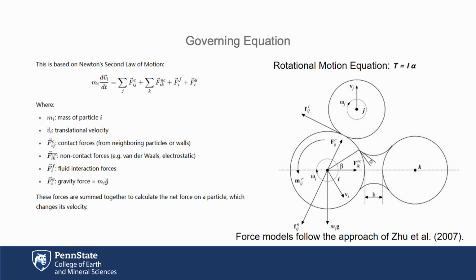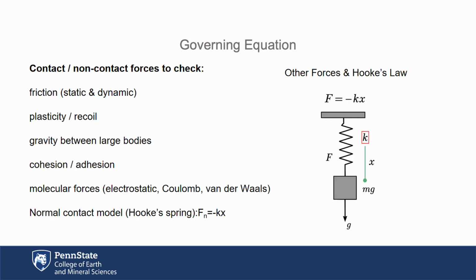It hits off to the side, so it tries to twist the grain. The same goes for any pull across the gap or drag from the fluid. We add up all these twisting effects to give us the net torque. Then the computer updates the spin rate every tiny time step. Put together with the sliding equation from the last slide, this covers all the ways the particle can move.